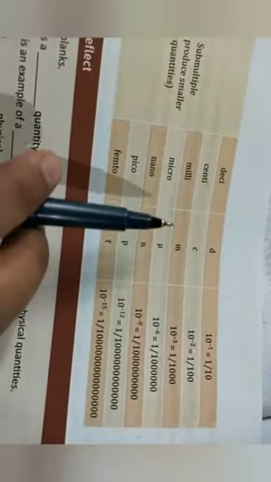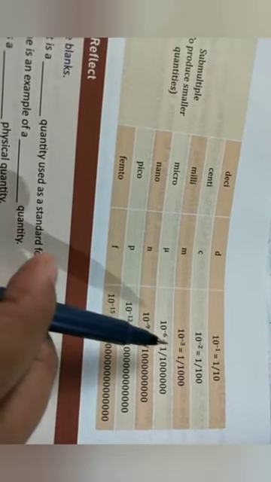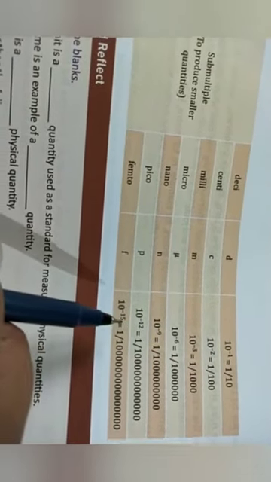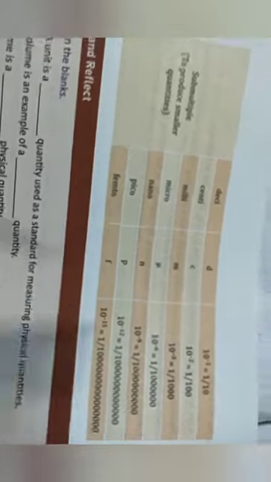The symbols are given here, and the formulas are also given: -1, -2, -3, -6, -9, -12, -15. It gets reversed.